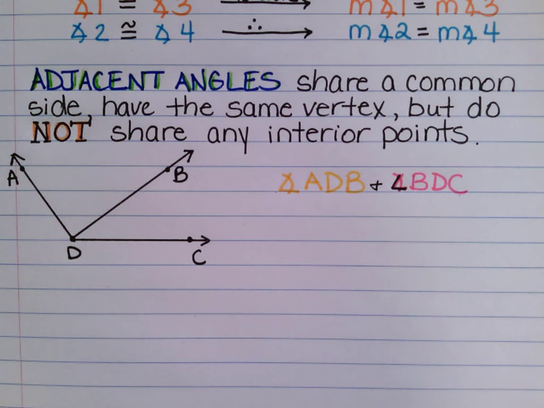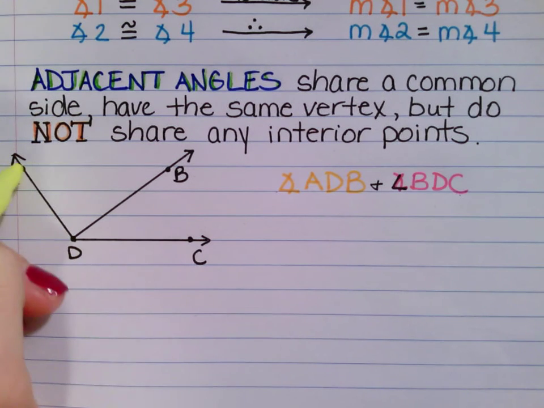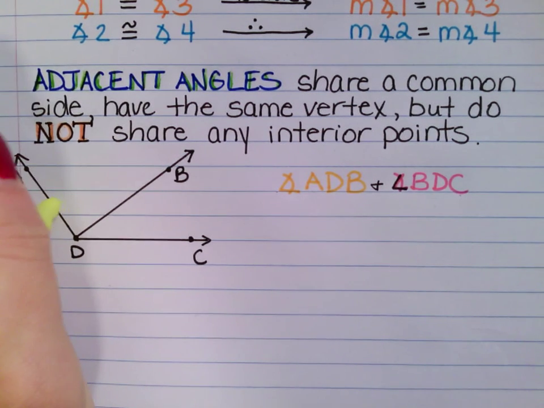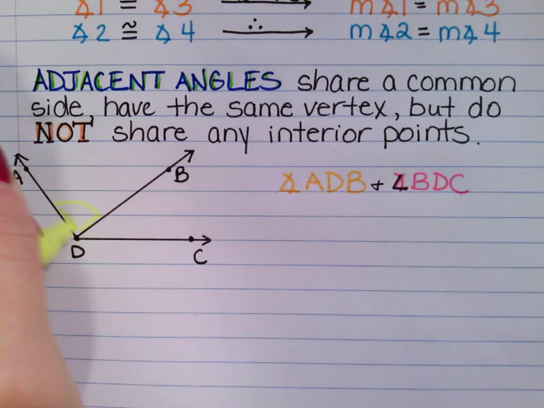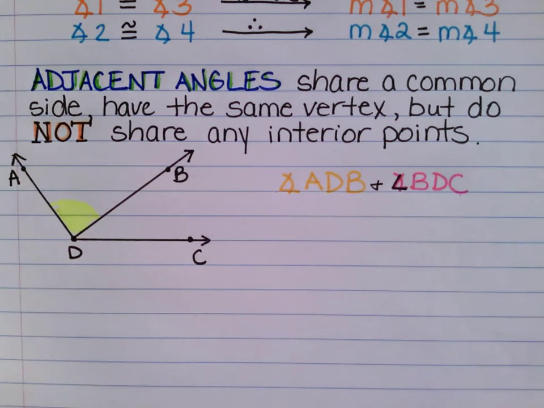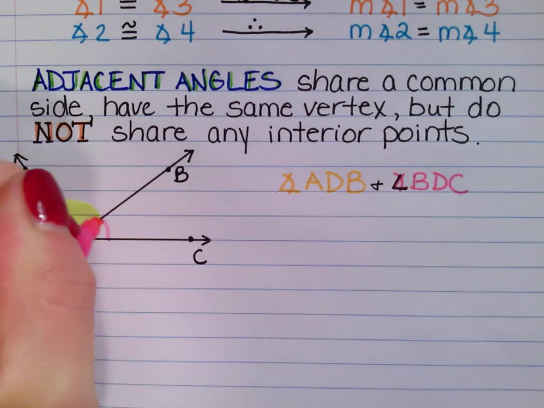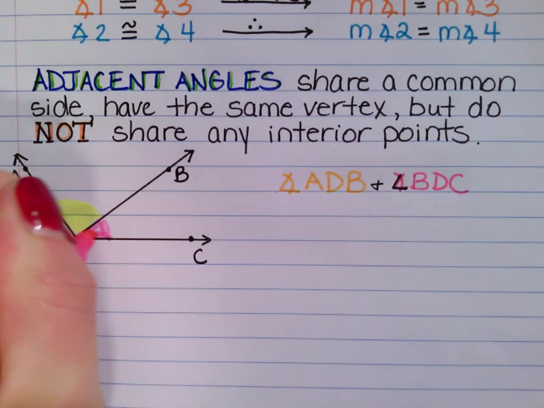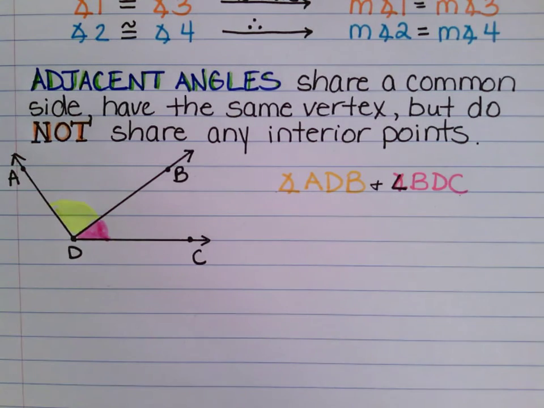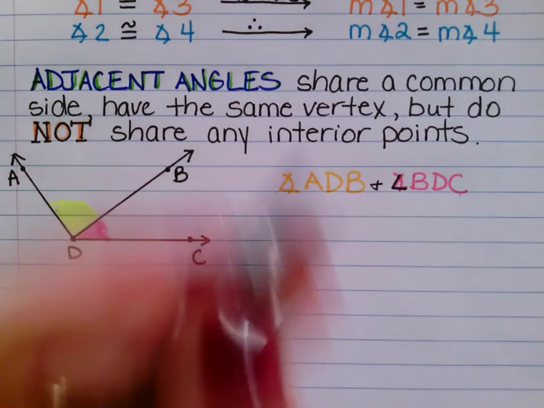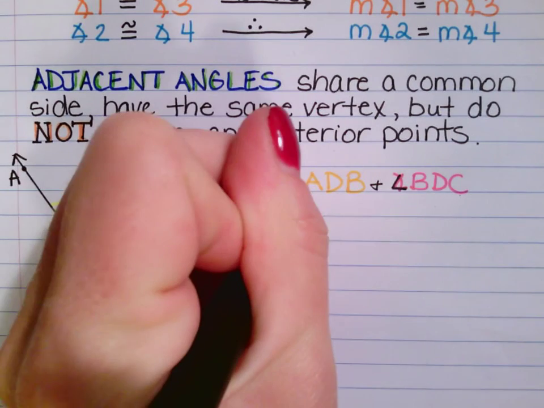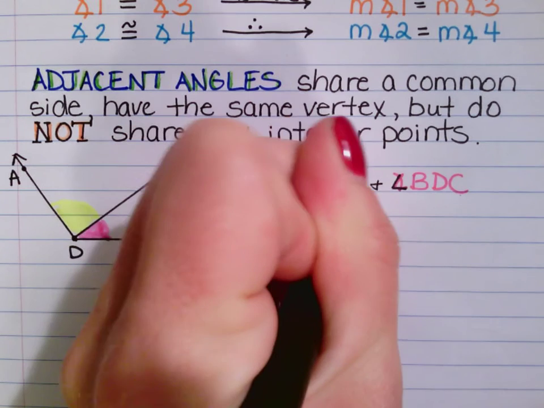Angle ADB, so this angle here. The vertex is the letter you say in the middle. So angle ADB and angle BDC, that would be this angle here, those two angles are adjacent. I meant for that to be pink, but that's okay.